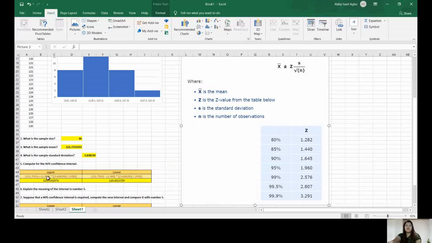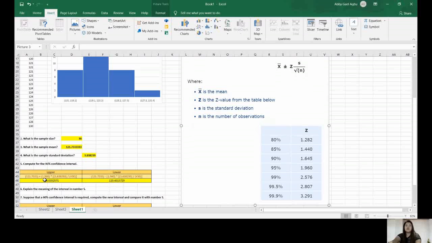So plus 1.960 multiplied by the quantity of the standard deviation, which is 3.63839, divided by the square root of our sample size, which is 30. So we come up to the answer of 123.0352571.